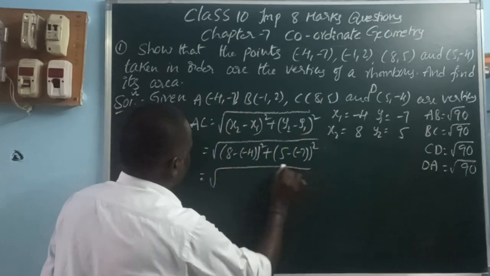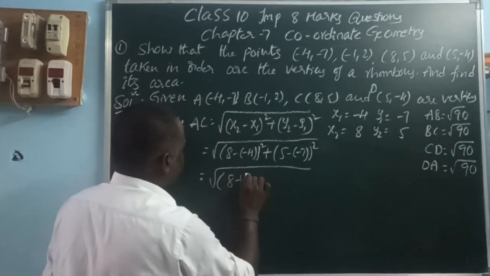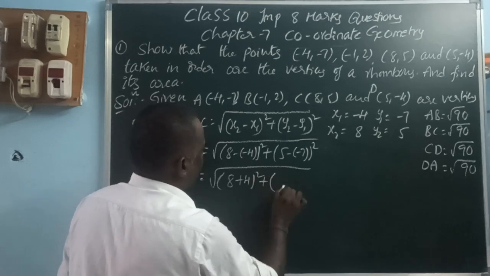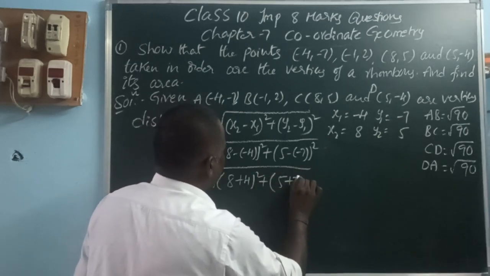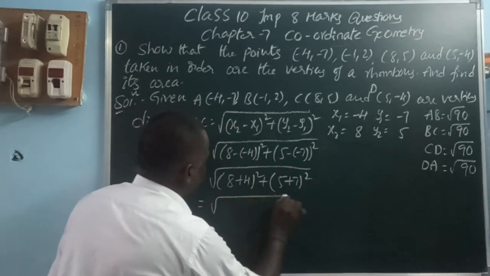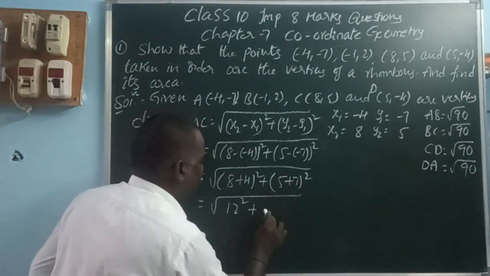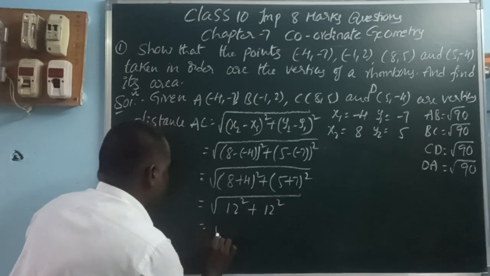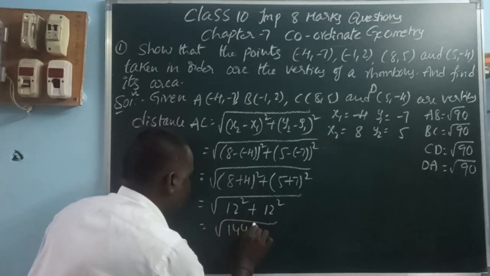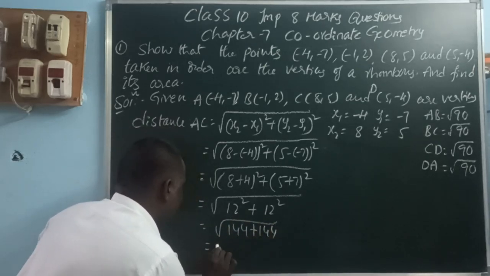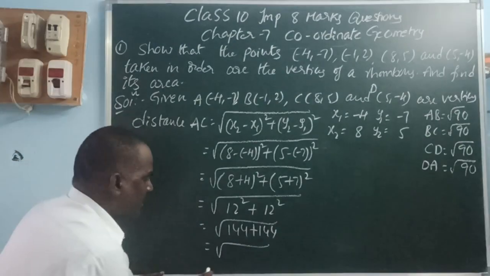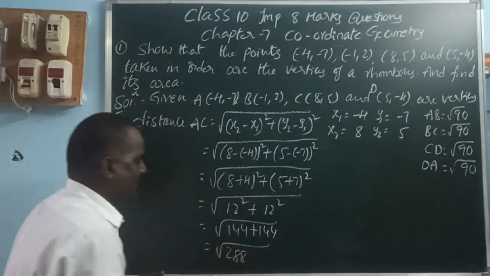So square root of 8 plus 4 whole square, 5 plus 7 whole square. So 8 plus 4, that is 12 square. 5 plus 7, 12 square. So square root of 12 square, 144 plus 144. Square root of 144 plus 144, how much? 288.